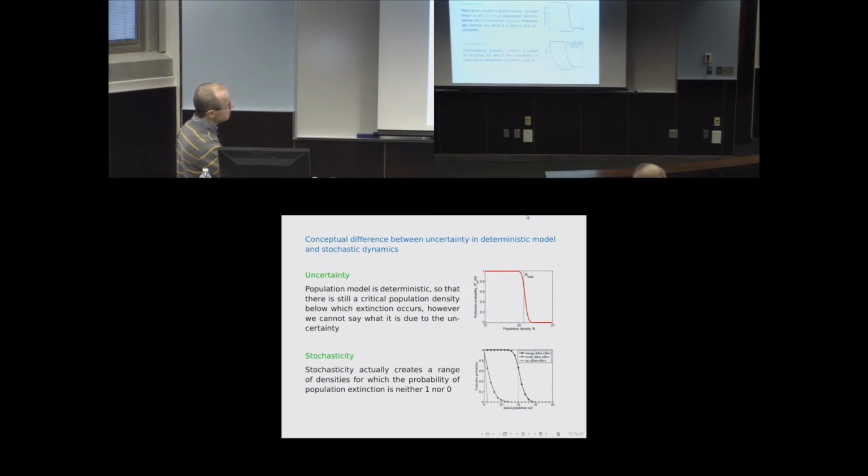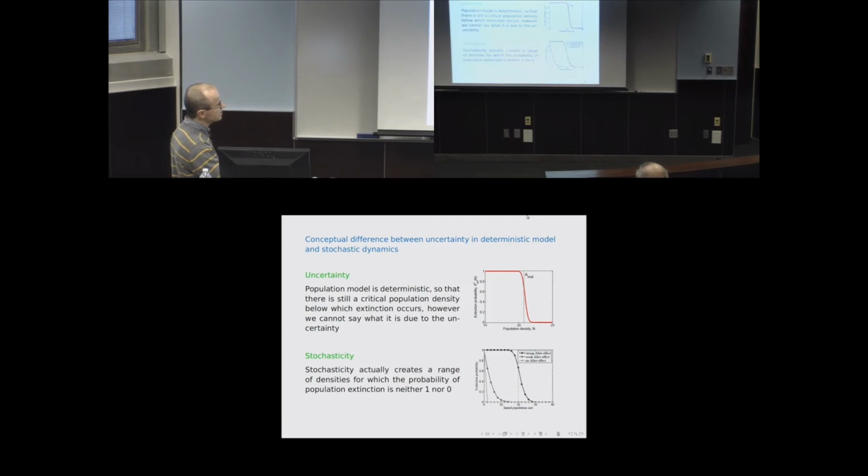We know that here the probability of extinction is 1, here it is 0, but here in the transition zone, as we are not certain where the Allee threshold lies, we get some non-zero, non-unit probability of extinction.